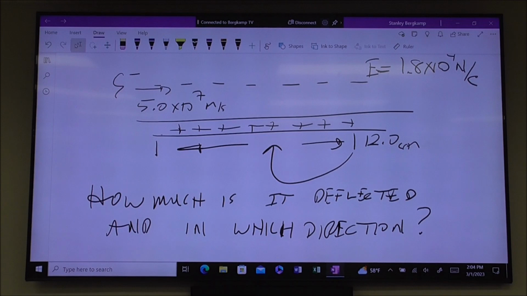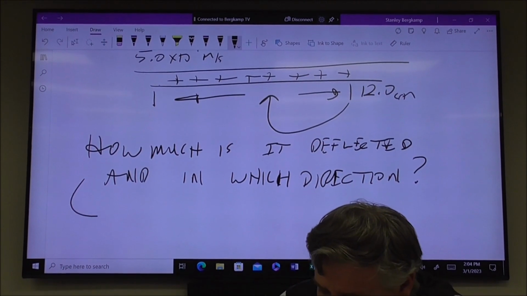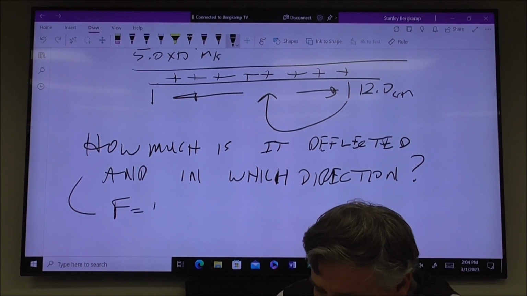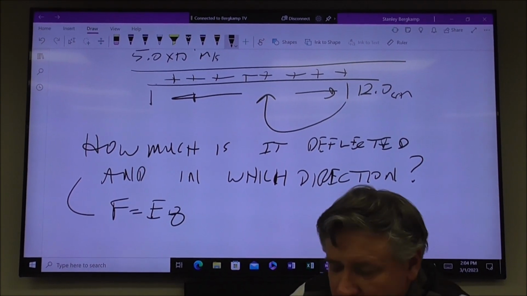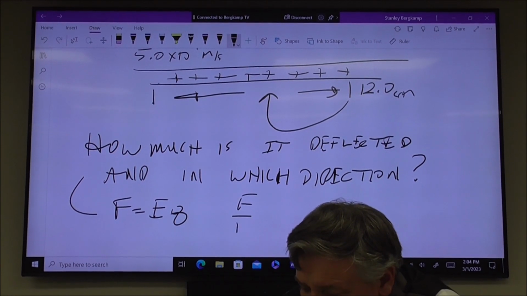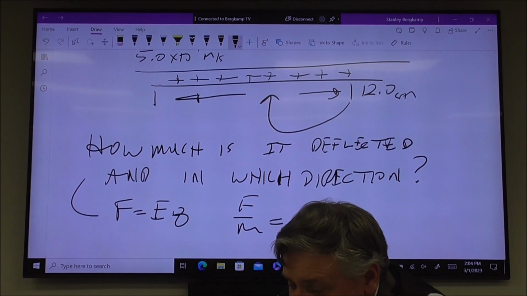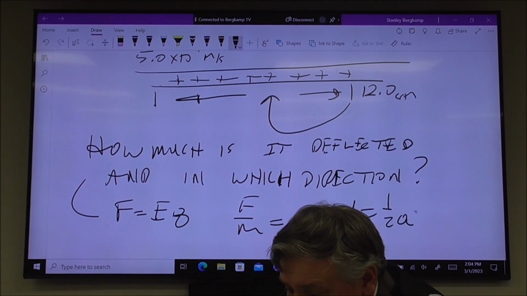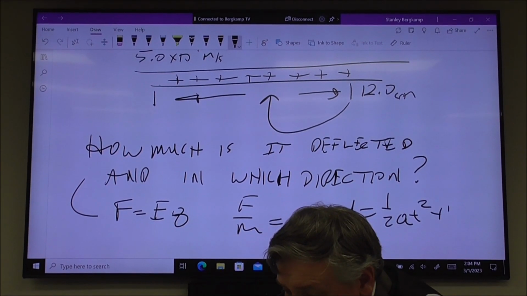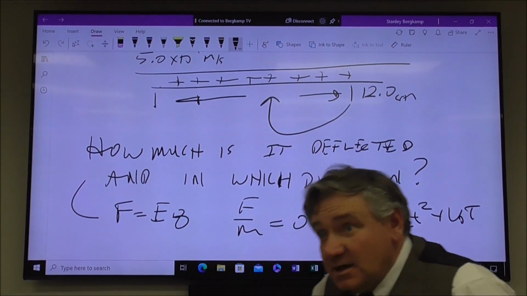So here are going to be your steps. Find the value of the force. Force divided by mass equals your acceleration. Then you go distance equals 1/2 a t squared plus v naught t. What happens in the x stays in the x.